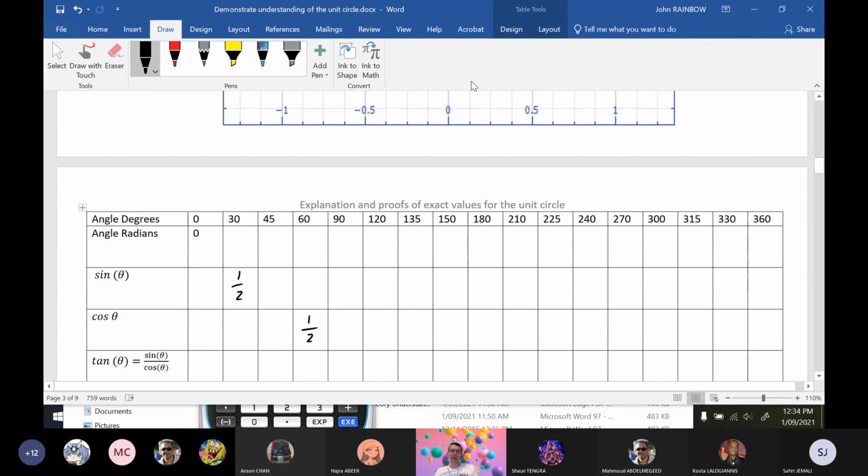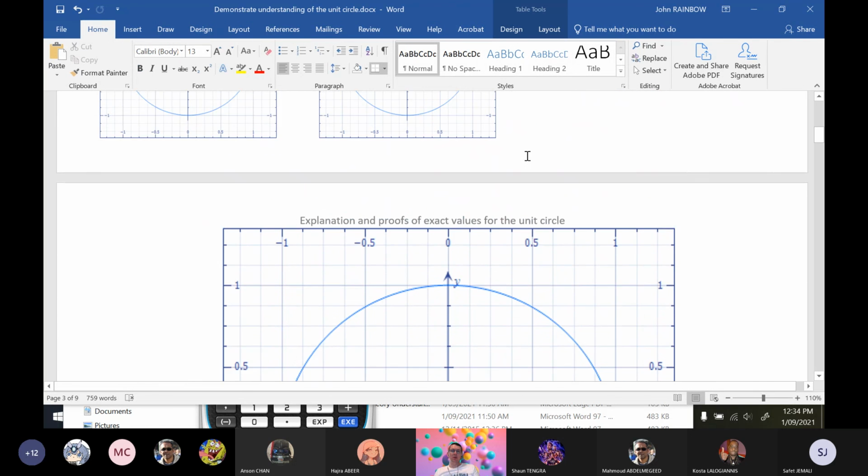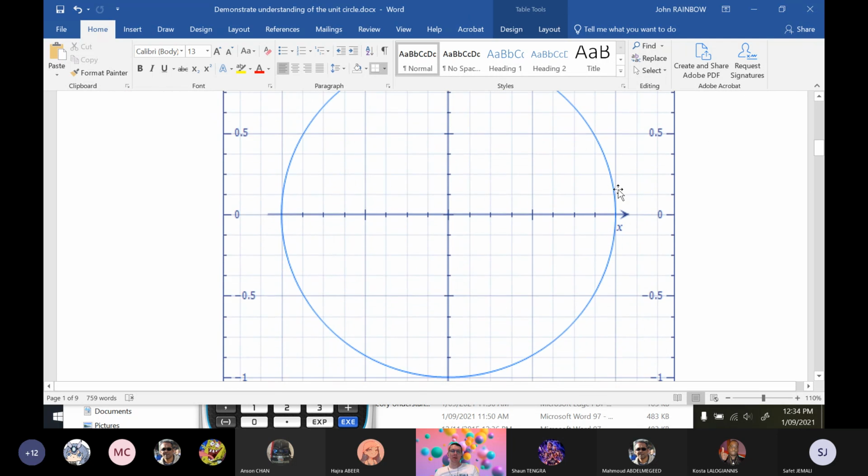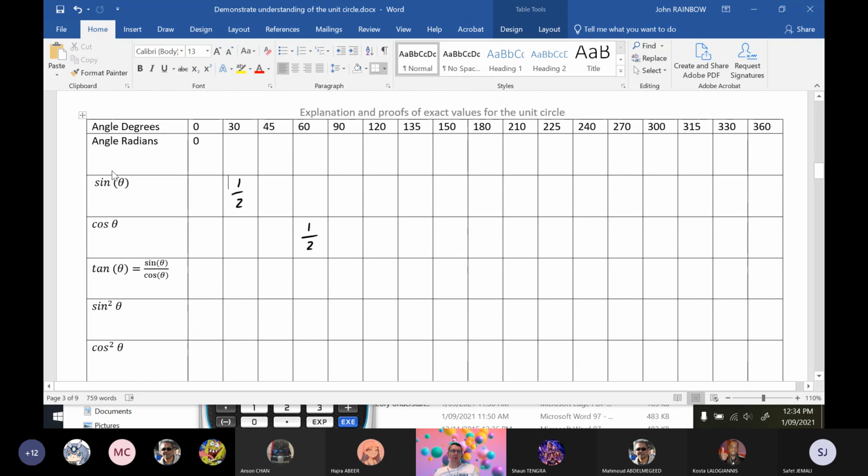Sine 30 degrees, opposite over hypotenuse, is a half, the same thing as cos 60. We also know that the other one is going to be root 3 on 2. So cos 30 is going to be root 3 on 2, which will be the same thing as sine 60, because it's reading off the same one. So we're going to go down here, and we're also going to put on root 3 on 2.